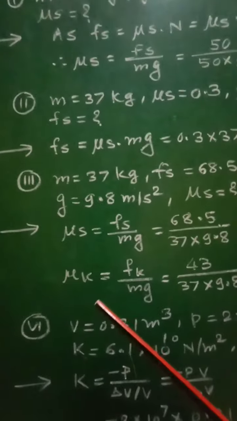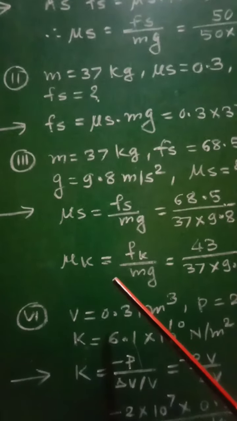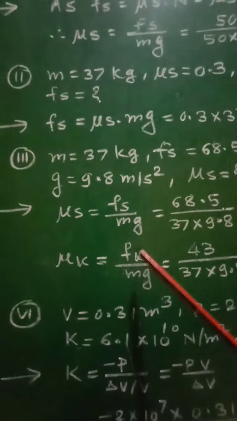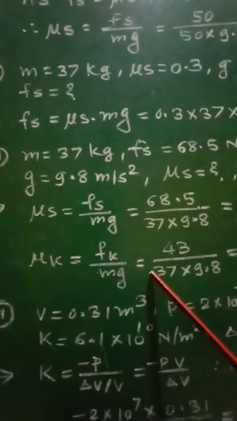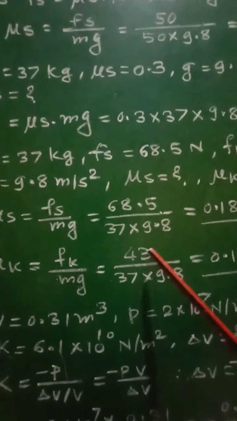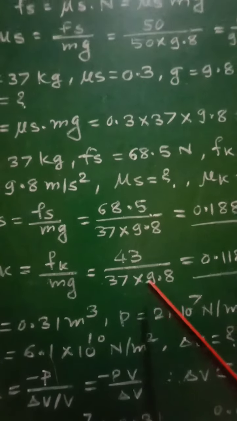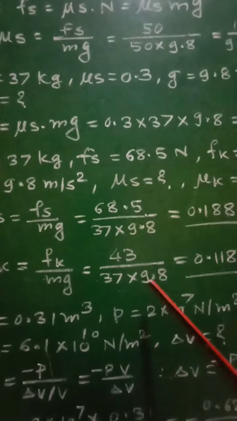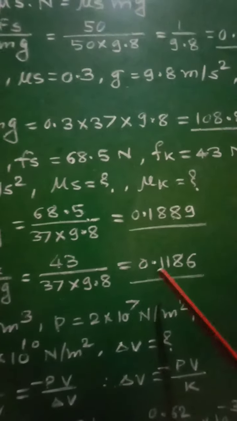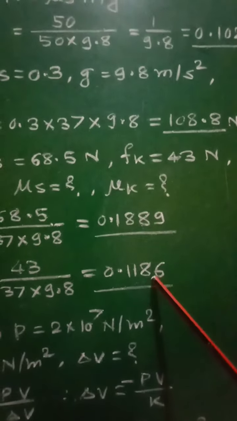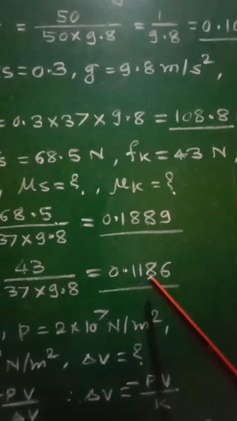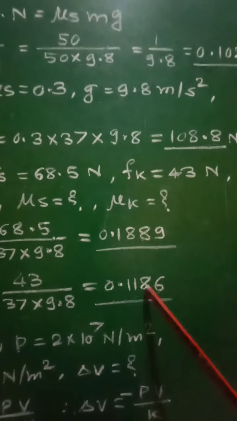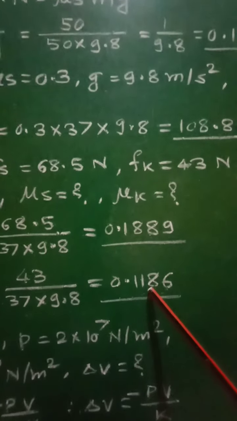Now for coefficient of kinetic friction, we have the formula Fk upon mg. Putting the values we will get 43 upon 37 into 9.8, which comes out to be 0.1186, and this will be the value of coefficient of kinetic friction.